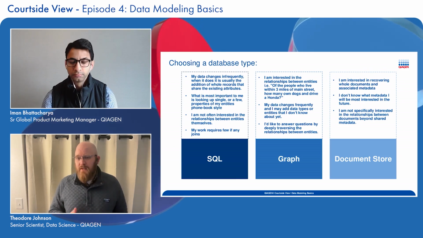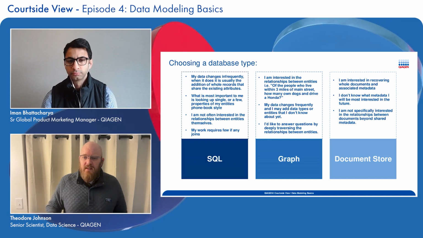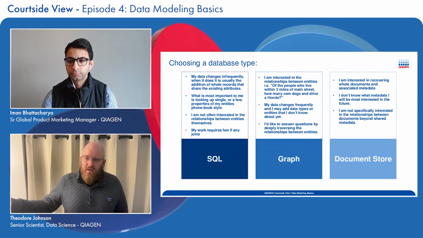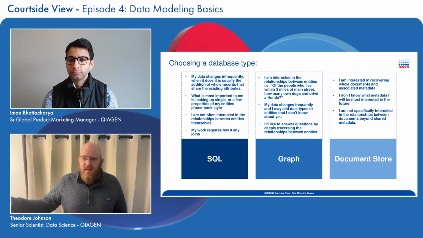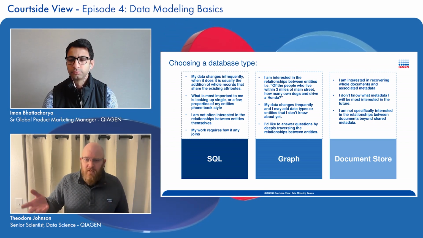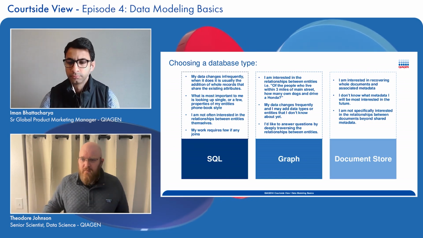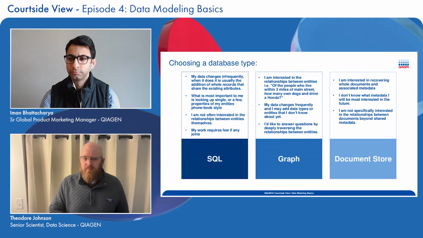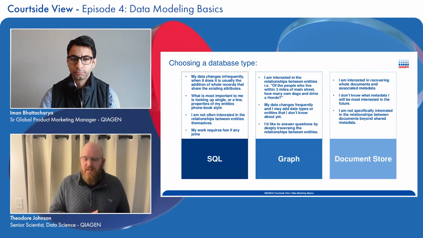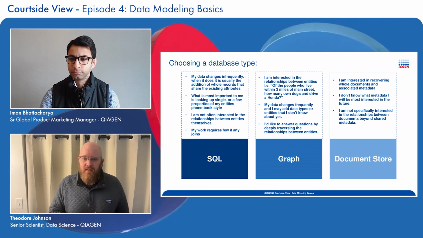I want to know about proteins that are expressed in the liver that have association with inflammation and are greater than 3 kilodaltons. That is a way you could ask a question easily in a graph that would probably entail lots of joins in SQL that you might find painful.